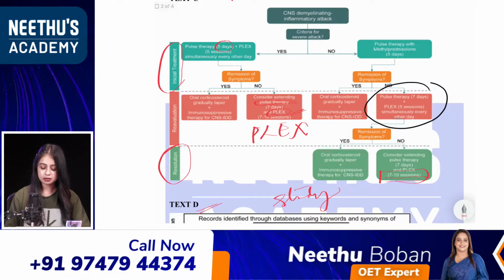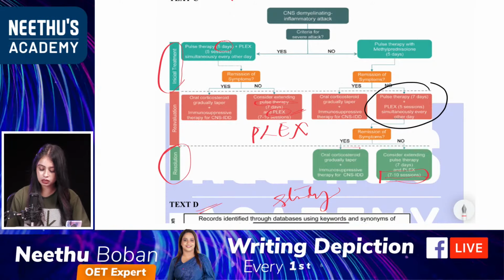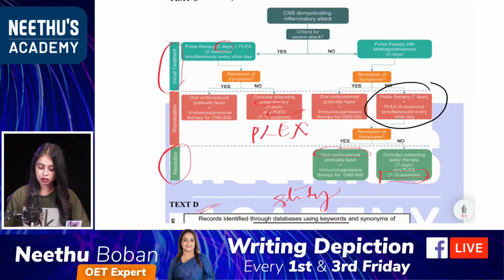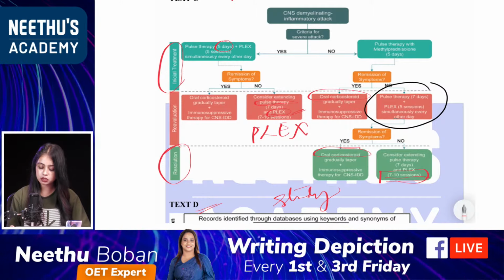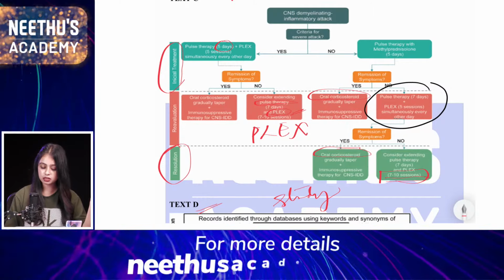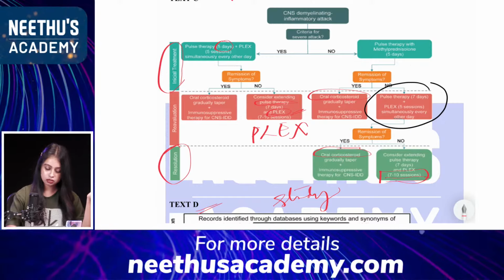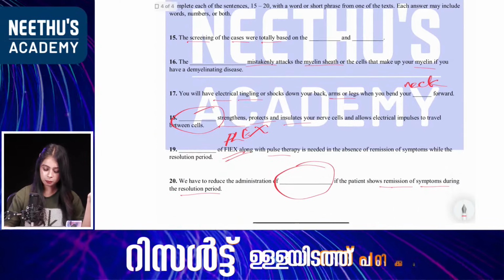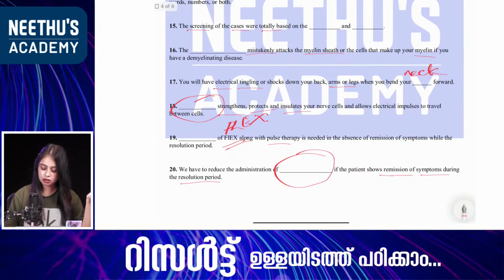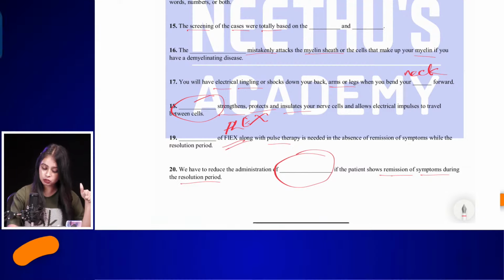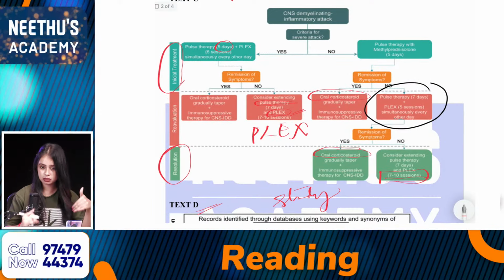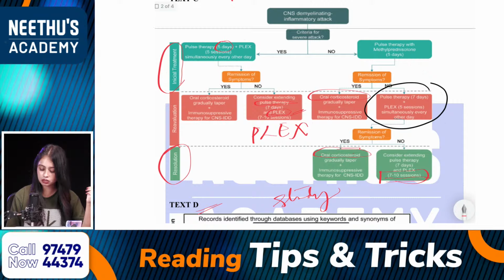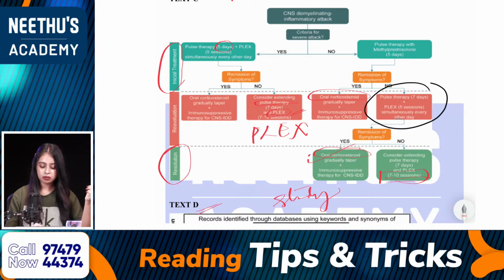Yes, oral corticosteroid, which is mentioned here. The question is administration, remission of symptoms during the resolution period, which is the last one. So oral corticosteroid should be the correct answer.